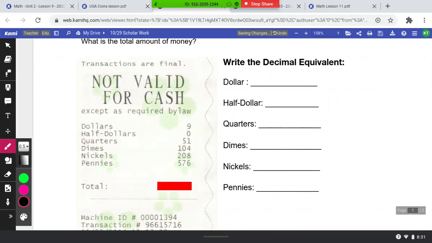So let's write all this down over here. Dollars, it has $9, 0, quarters 51. Wow, and I thought Ms. Garcia was doing good with 20. Dimes 104, nickels 208, pennies 576.